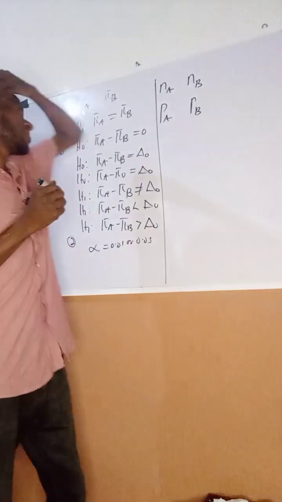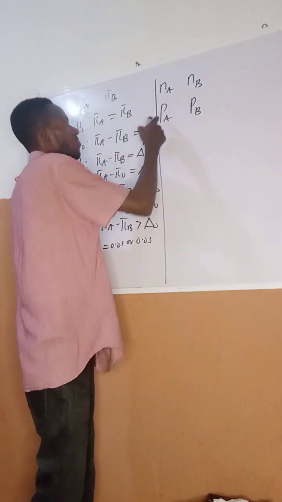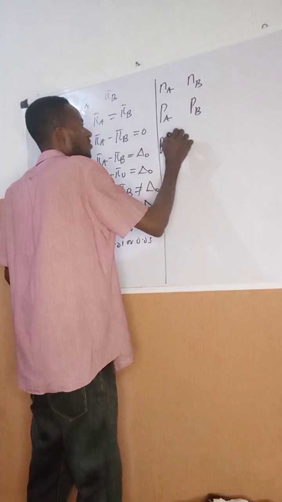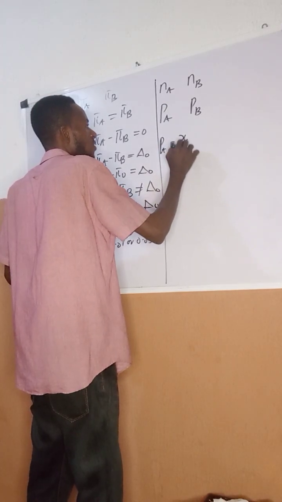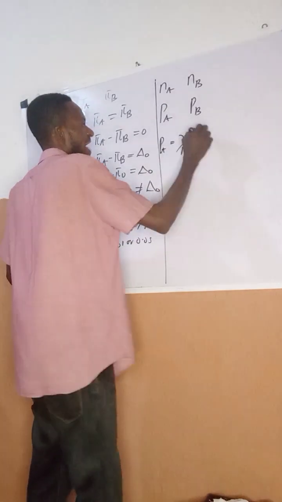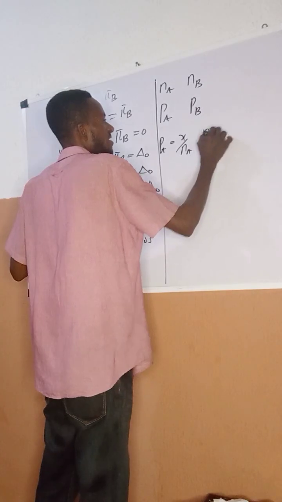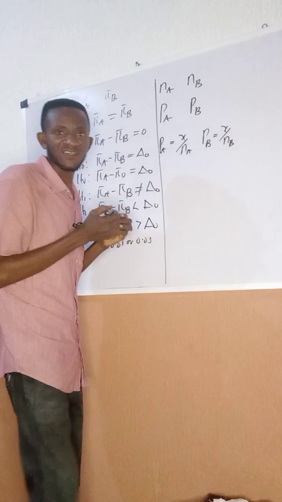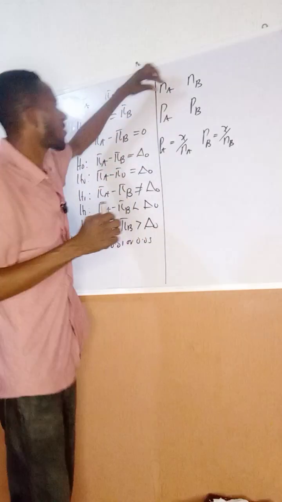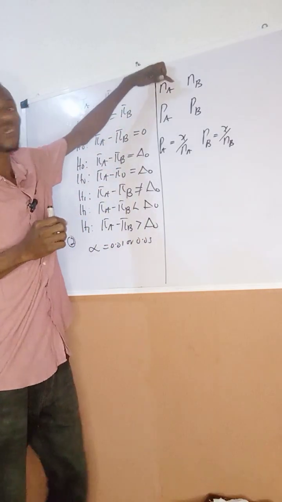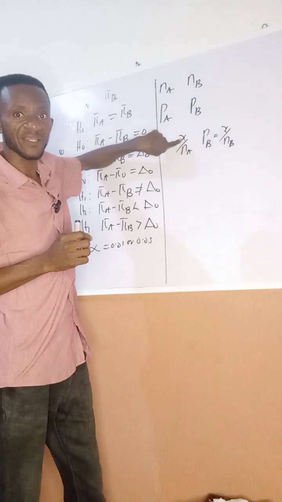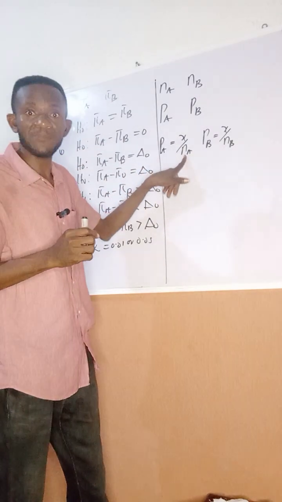And then, when you talk about P of A, to calculate this one, your P of A is going to be given as X all over nA. And then your P of B is going to be given as X all over nB. That is to say, from the sample you have taken from population A, you are going to count the number of defective items there and divide it by the sample size.